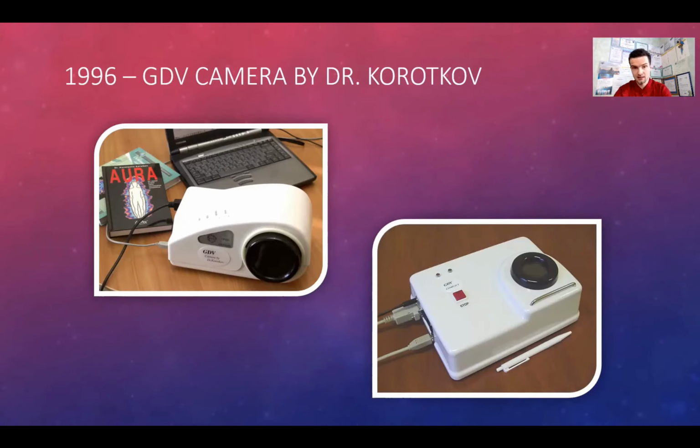So thanks to the appearance of this equipment, the GDV camera, well, some models, one of the first models you can see on the screen right now, researchers and therapists were able to capture the glow, or capture fingers, several times in a row, and see reproducibility of the data.